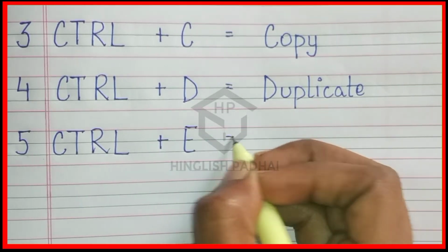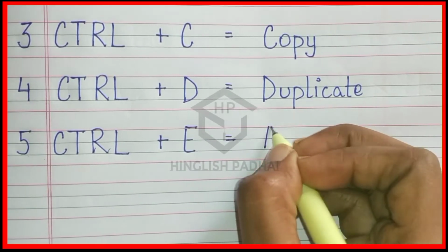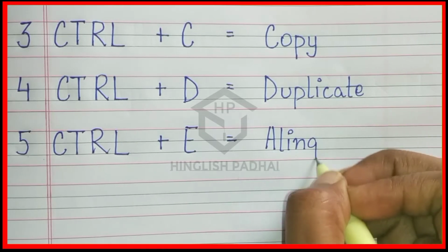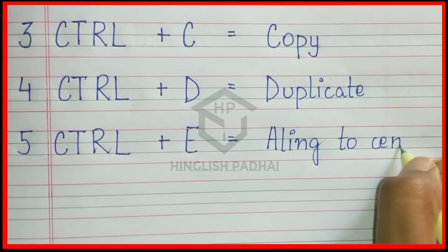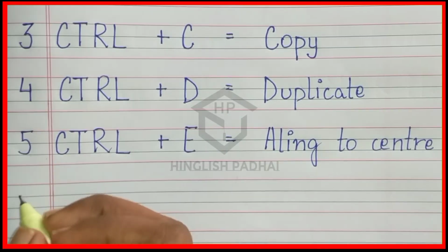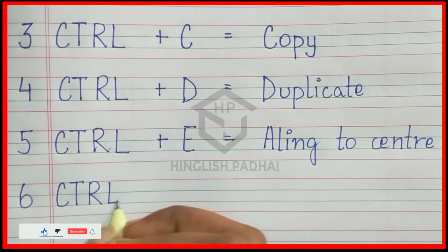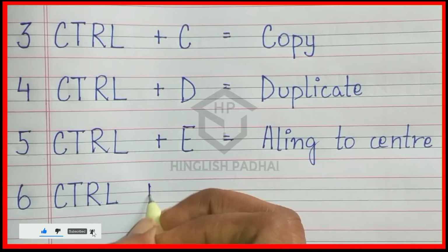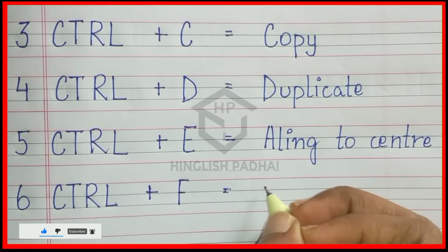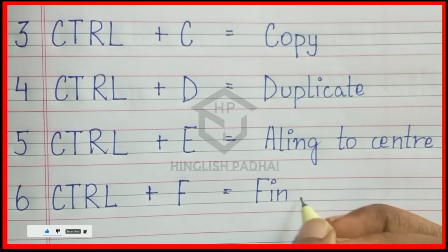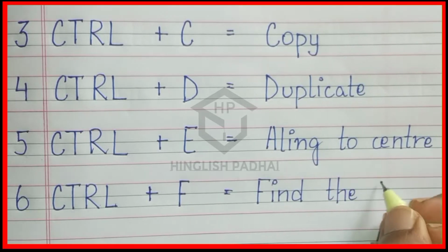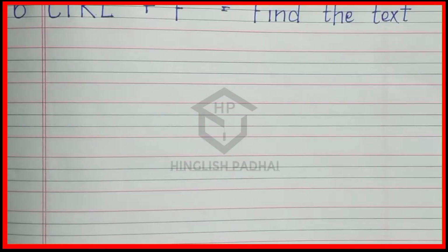Fifth, Ctrl+E is equals to align to center. Sixth, Ctrl+F is equals to find the text.